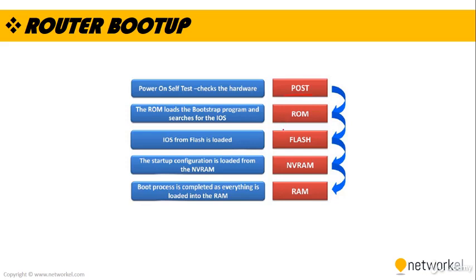Then the ROM loads the bootstrap program and searches for the IOS, which is the operating system of the router. Then the IOS is being loaded from the flash, and the startup configuration is loaded from the NVRAM, and in the last step, the boot process is completed as everything is loaded into the RAM.